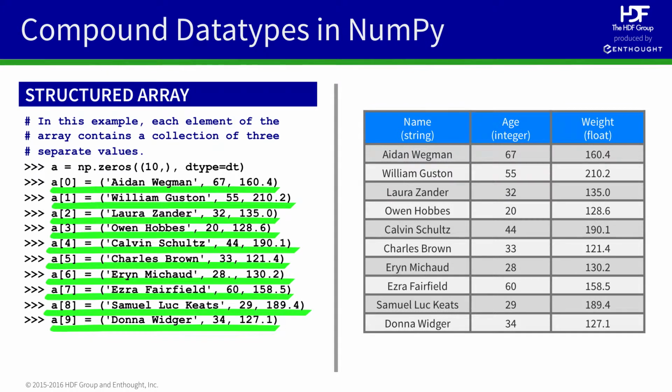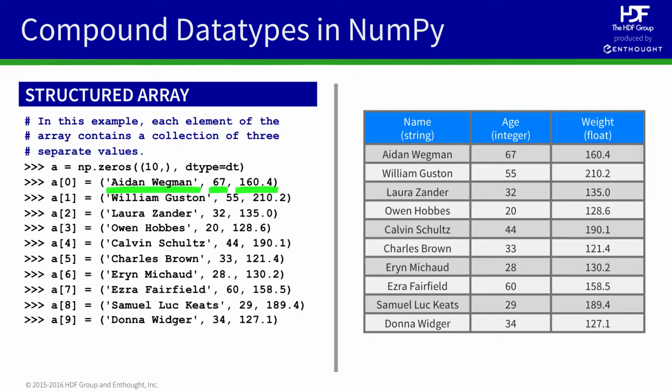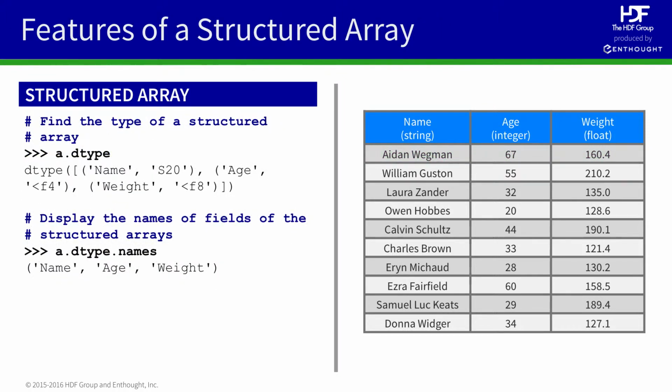Note that each element of this 1D array is being initialized to 3 values, which fill in the 3 fields in the structured type. If we examine the dtype property of our array, we can see that it has fields for name, age, and weight. The dtype object also has a property called .names, which prints the names of all the fields.